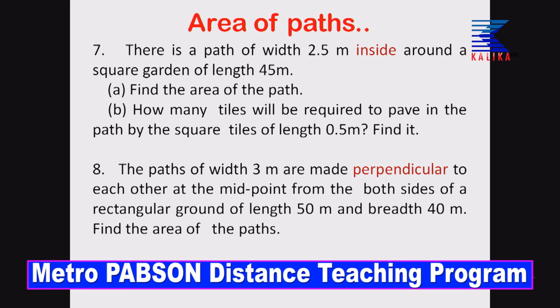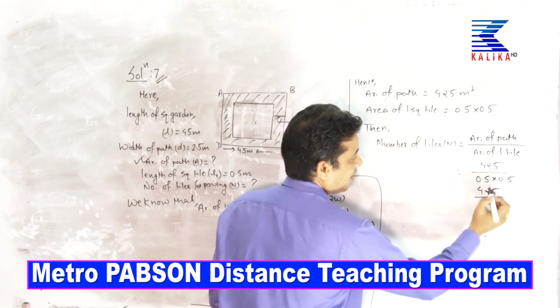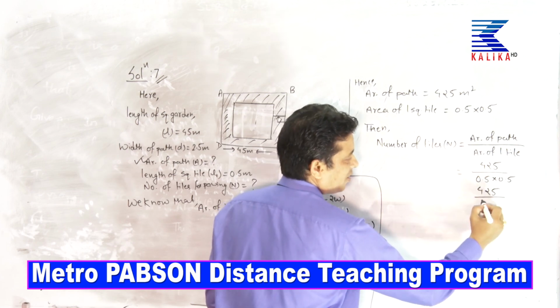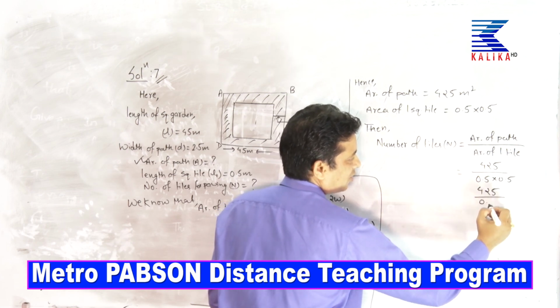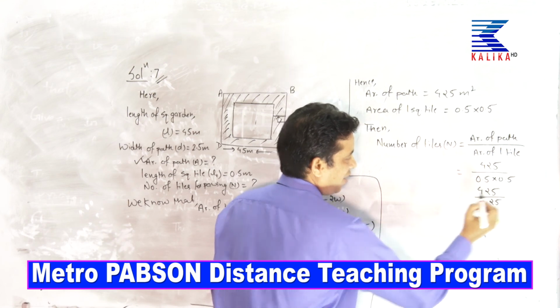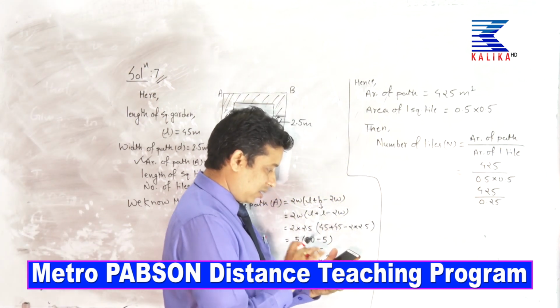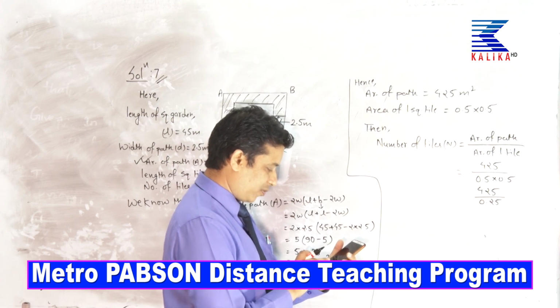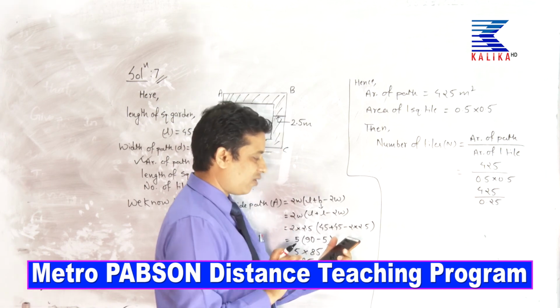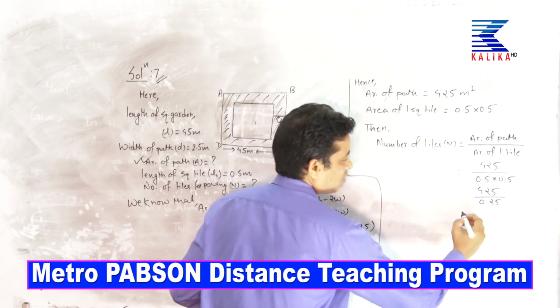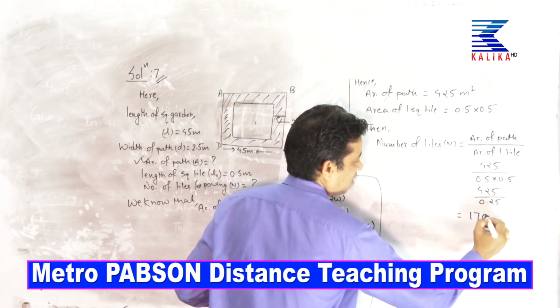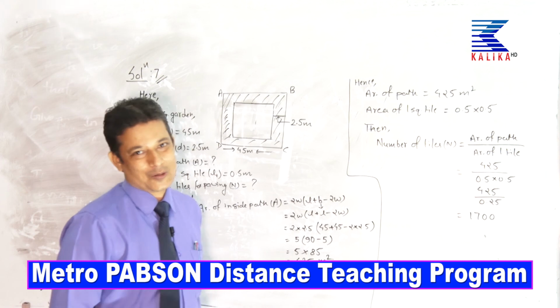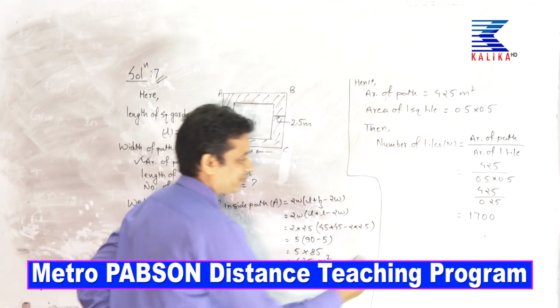It can be written as 425 divided by 0.5 times 0.5, which is 0.25. So, 425 divided by 0.25 is equal to 1700. So, it is 1700.